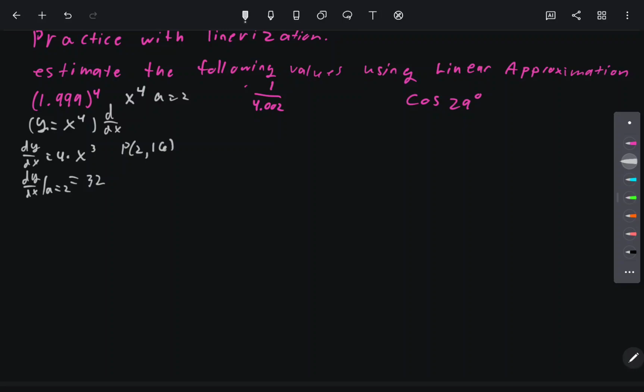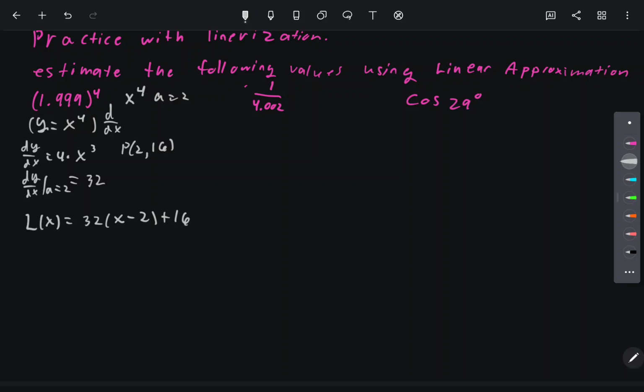Alright. So now we have all the information we need to find the linearization of x. We know the linearization of x is equal to the slope, which is 32, times x minus the point that we chose, or the a, plus 16.